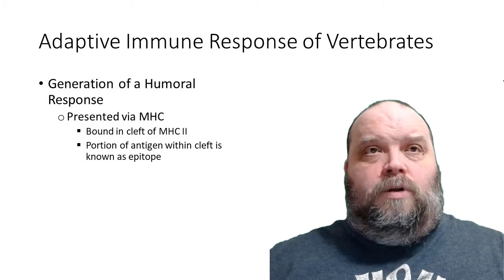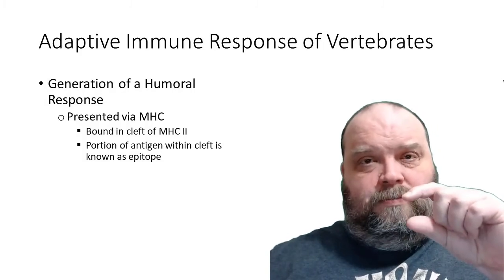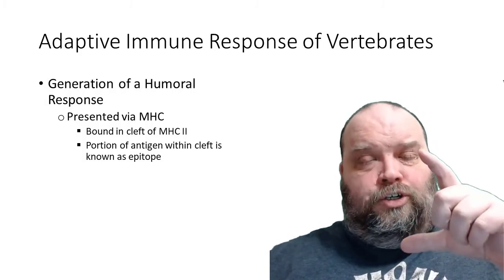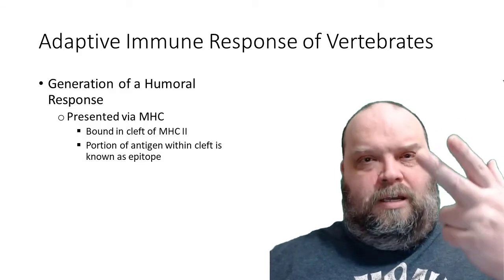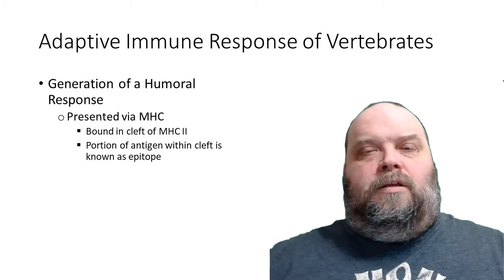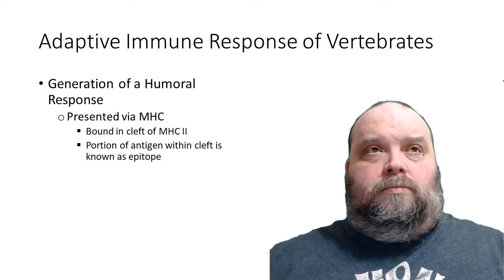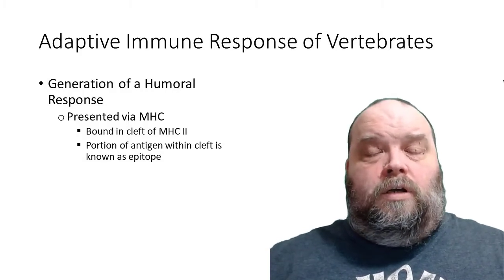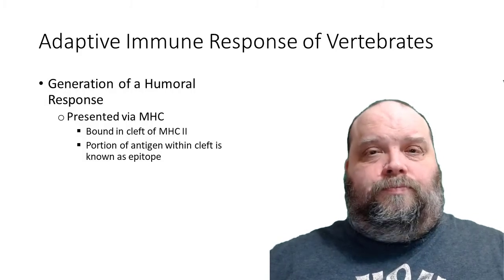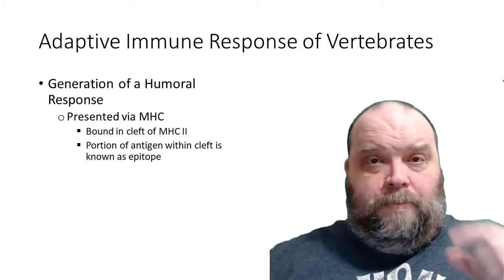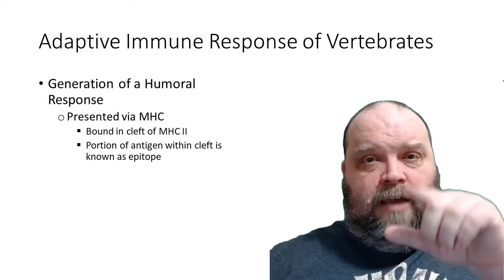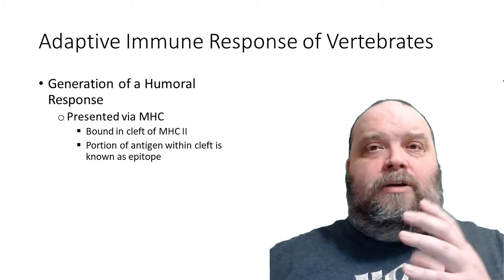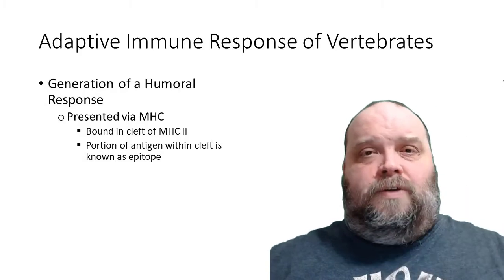The APC will load up that little fragment of a much larger antigen that, like I said, protein, lipoprotein, glycoprotein, or glycolipid. It will load it up into the cleft of the MHC. Remember, it has that cleft where things will be loaded in, and then it'll put that MHC on its surface.